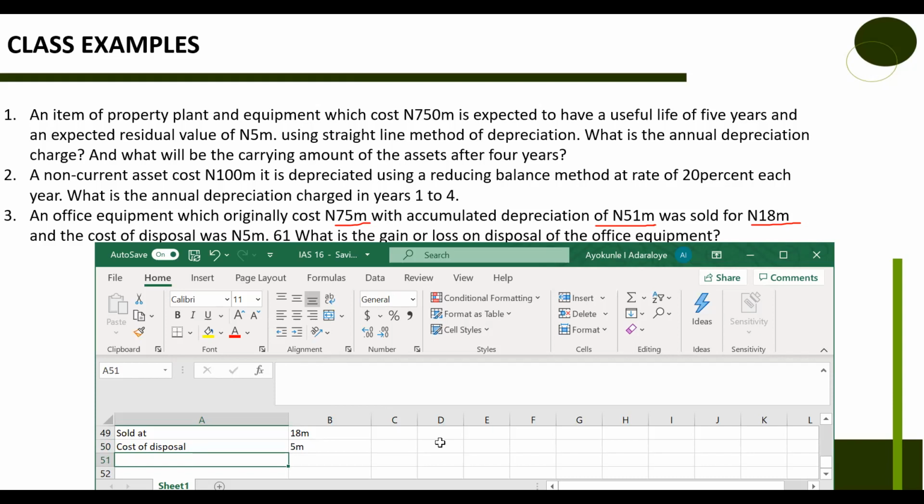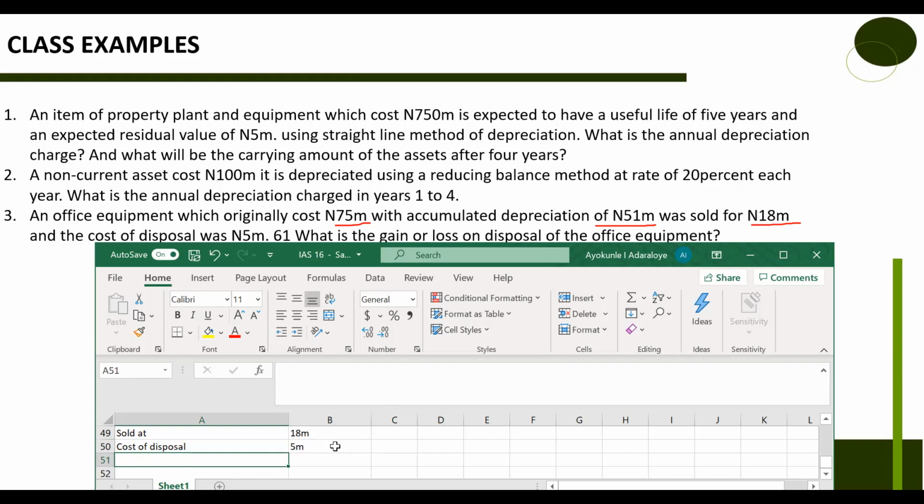Cost of disposal is, when you were trying to sell the asset, all the additional expenses that you incurred in selling the asset. In Nigeria, we usually have people that do agency fees. Maybe you have to do some legal documents. All those things go into your cost of disposal. Do you understand? Yes, sir.